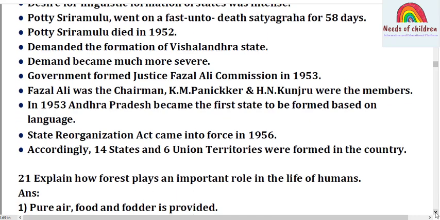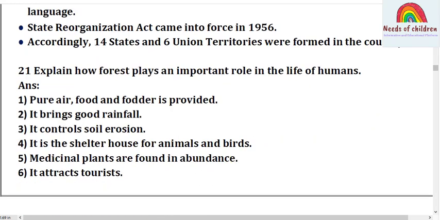Let's move on to question number 21. Explain how forest plays an important role in the life of humans. Okay, students, it is the question from the geography, India forest resources. Forests, how they are playing the important role in the life of humans. Pure air, food and fodder is provided.